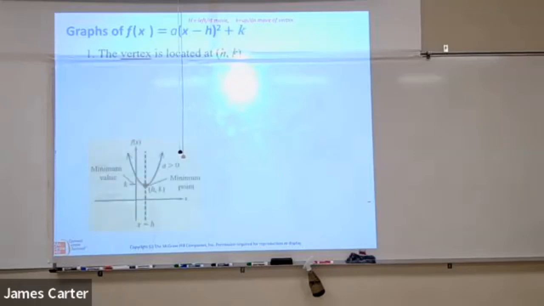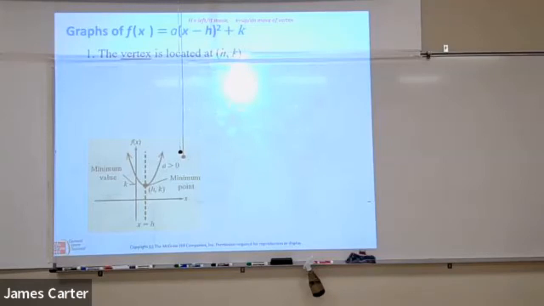Now, here is a rule. If you've got an equation in this format, this is called vertex form, then that opposite of the sign and that same sign tell you the location of the vertex or the turning point on a quadratic.